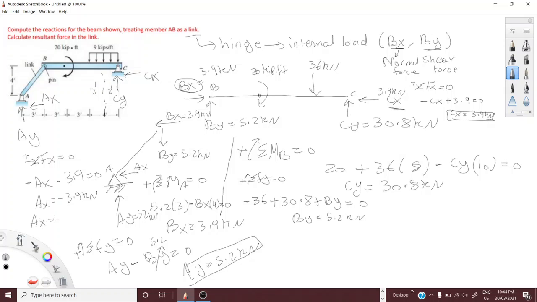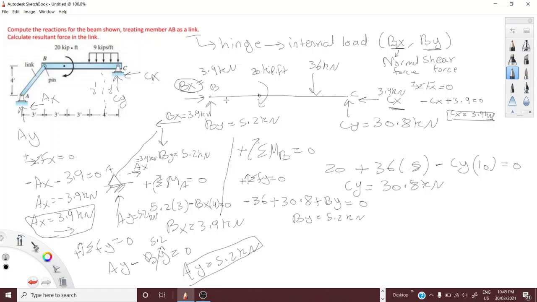It is 3.9 kilonewton to the right. Actually, you can say that Bx is 3.9 to the left, therefore Ax is 3.9 to the right, since there is no intermediate force that interrupts this link.